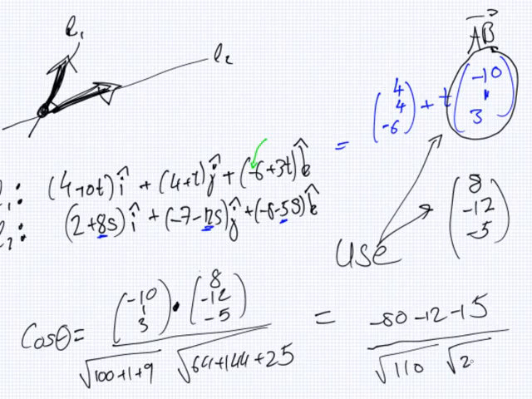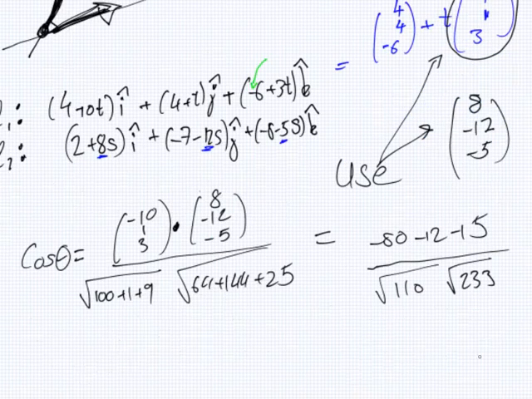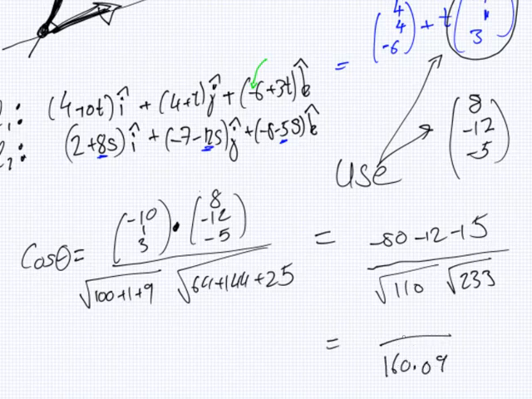And this is 225? Is that right? No, it's not. 233? That's the bottom. What's that? 160.09. And on the top you'd have minus 107.